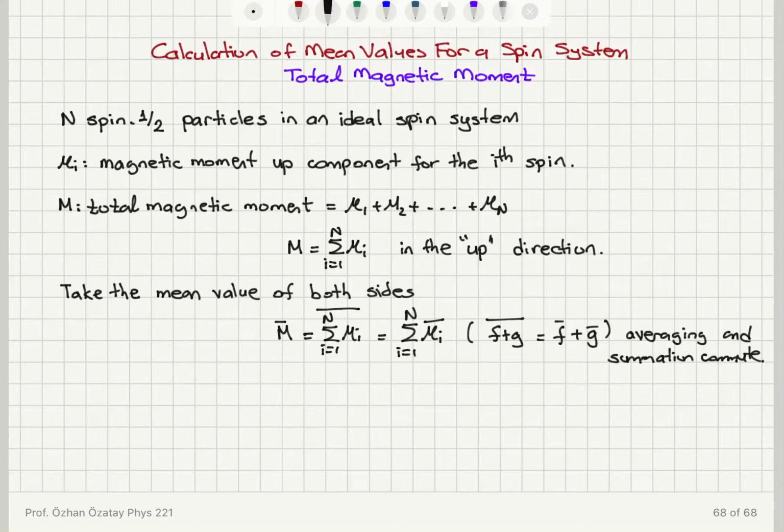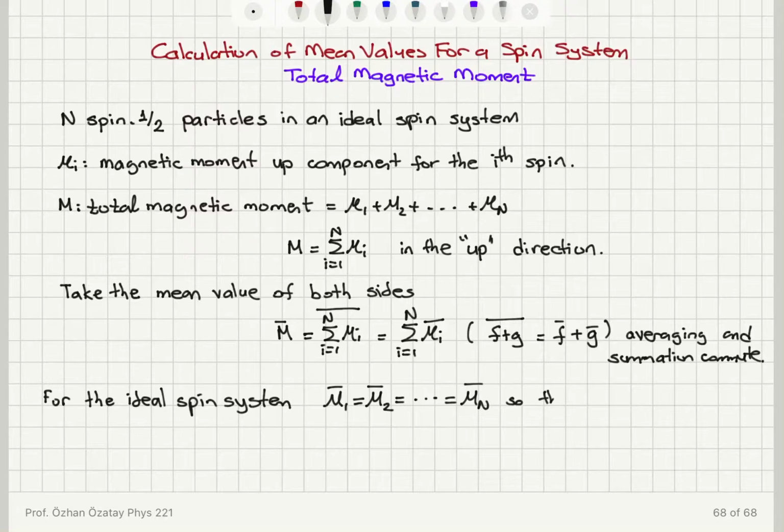So for the ideal spin system, I would simply have the average value of the magnetic moment of the first spin is equal to the average value of the magnetic moment of the second spin, and it's also the same for the nth spin.